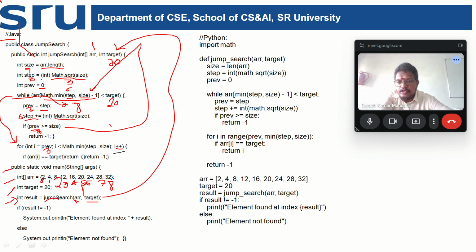What is the arr[5]? 20. 20 is equal to 20, target is found. Then it will come to the jumping statement, result will be stored with 5. Again, within the if condition, 5 not equal to -1, it will print element is found. This is about the Java program. Coming to the Python program, we are having the same thing.